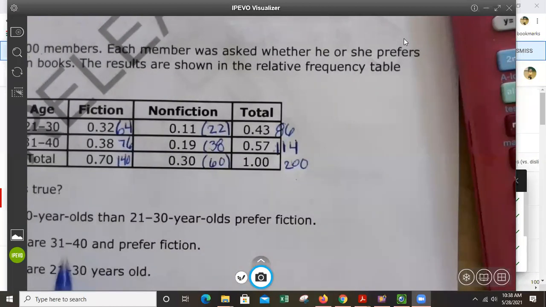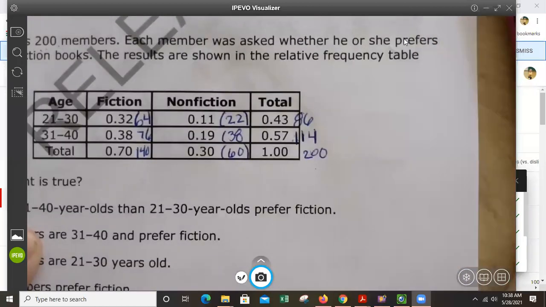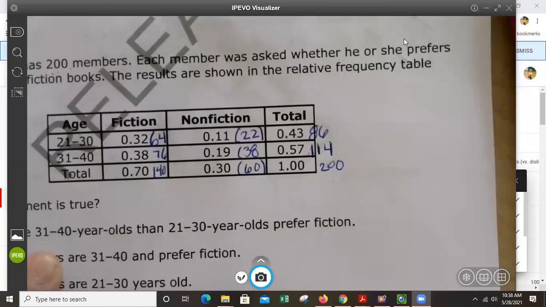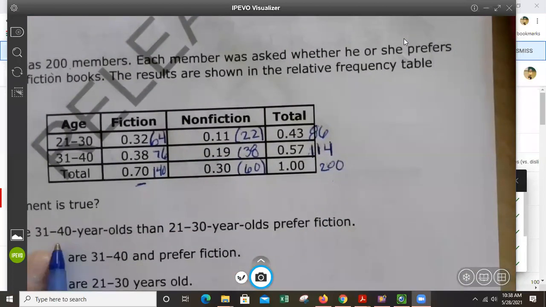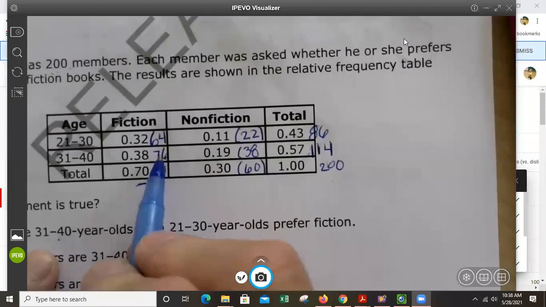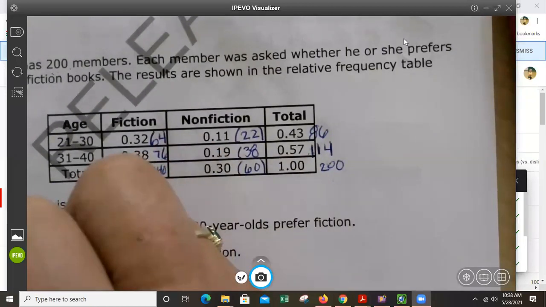All right. Which statement is true? 6 more 31 to 40-year-olds than 21 to 30-year-olds preferred fiction. We're talking about fiction, so I'm gonna put a line right here. So how many 31 to 40-year-olds preferred fiction? 76.